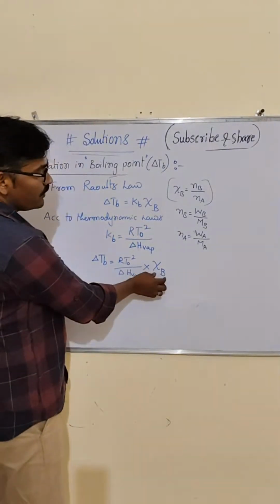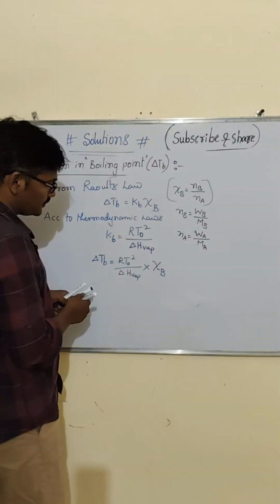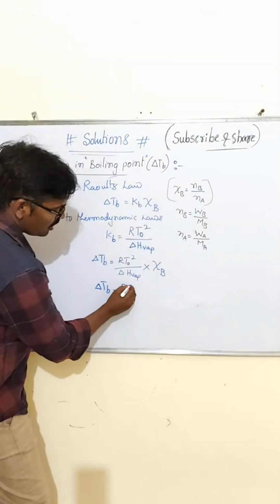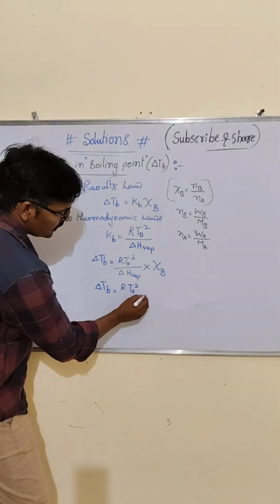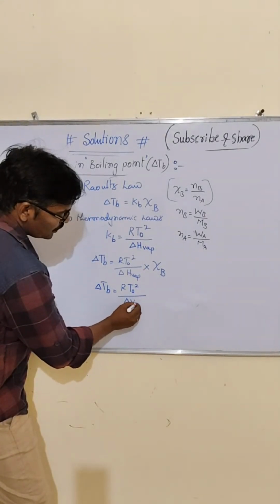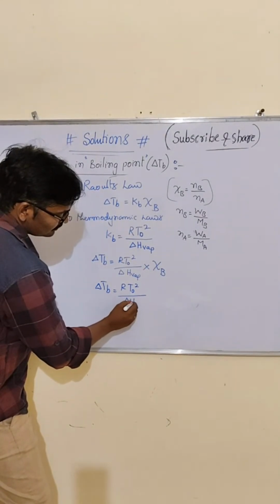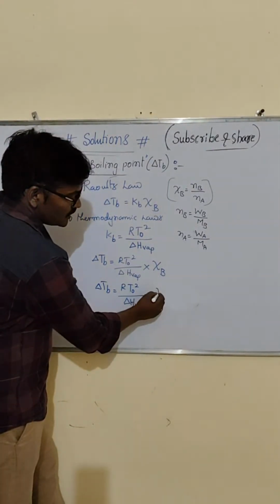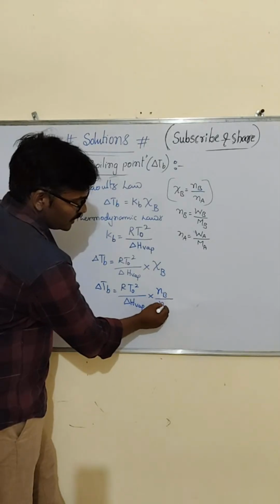So in the place of Xb we can substitute all these things. So delta Tb equals R into T naught square divided by the change in the enthalpy of vaporization into nB divided by nA.